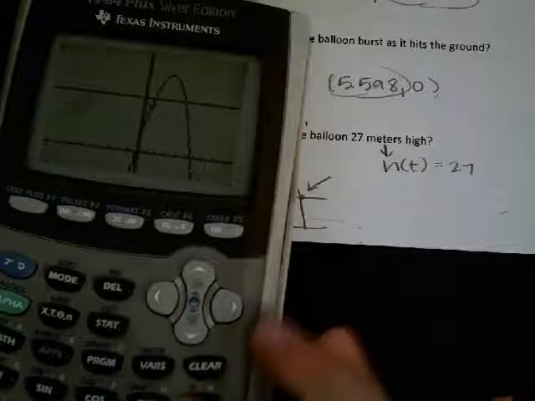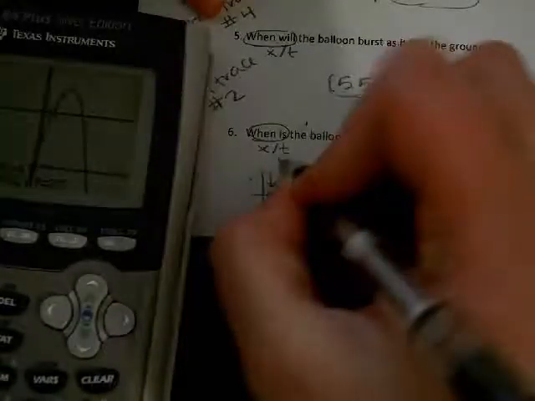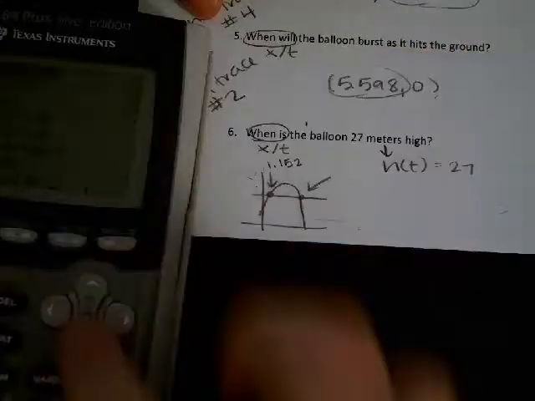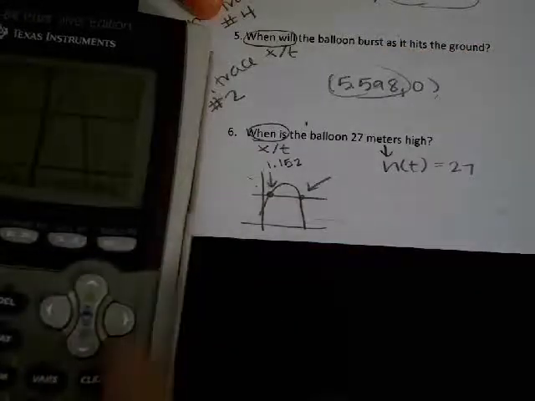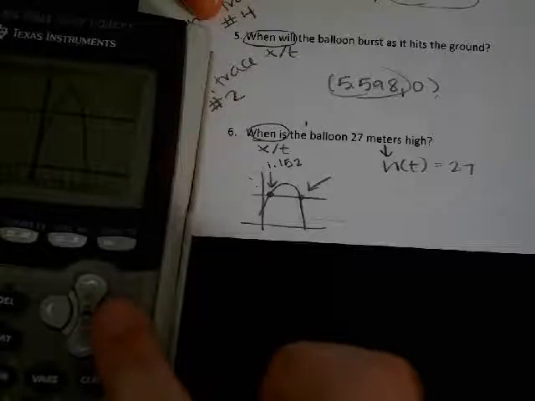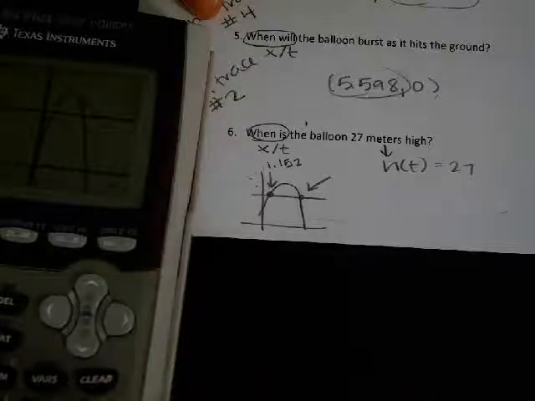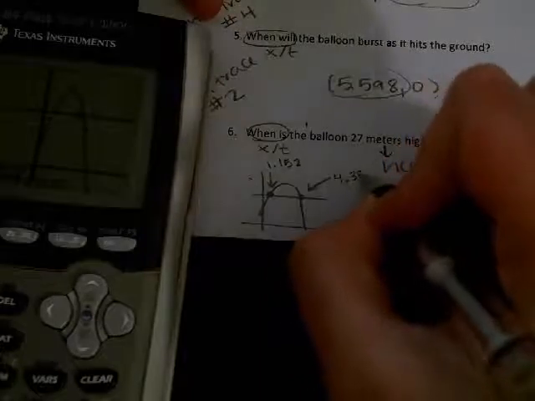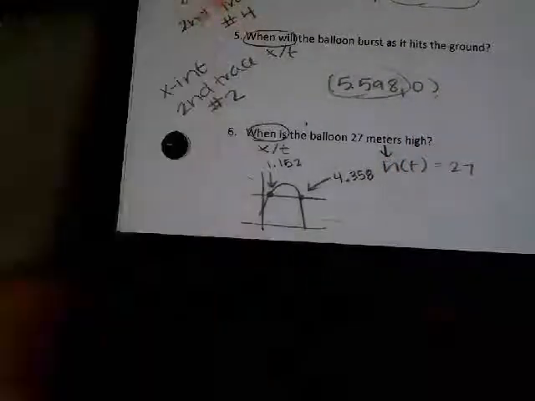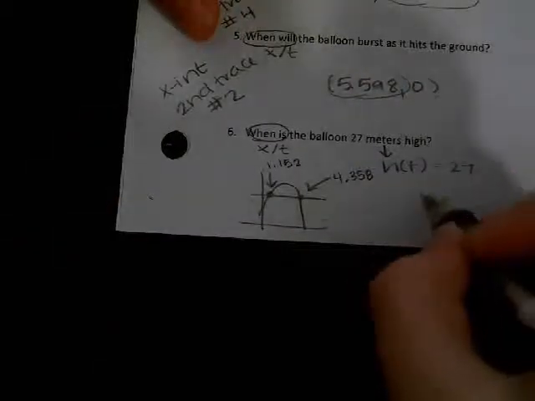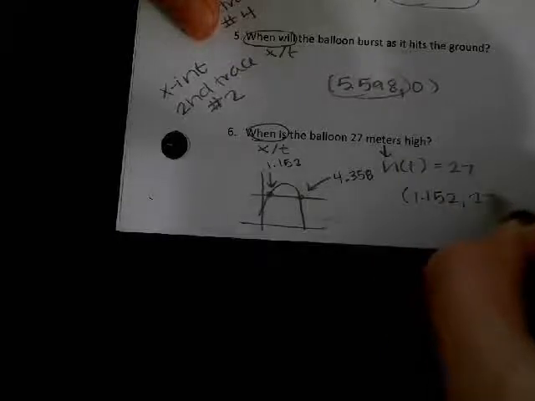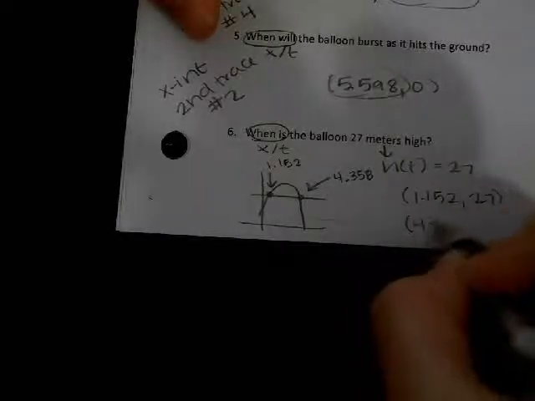So we got 1.152. 4.358. Okay, so now, if we were to write these out as points, it would be 1.152, comma 27, 4.358, comma 27.